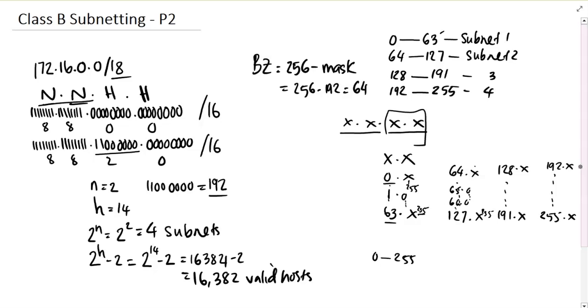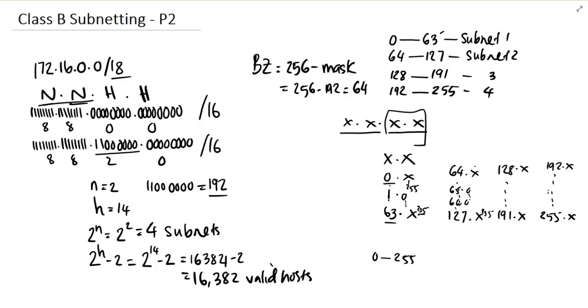If you add one more number, it will change this one from 191 to 192, and it becomes 192.x. So it goes all the way 192.255, 193.0, 193.255, 194, until it reaches 255.255. So that's a simple calculation.